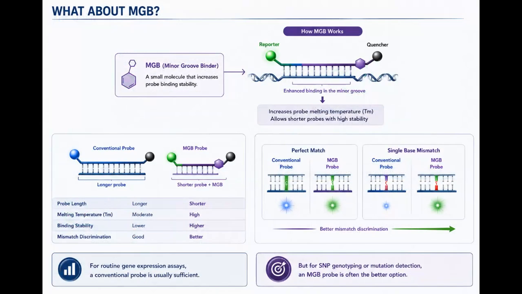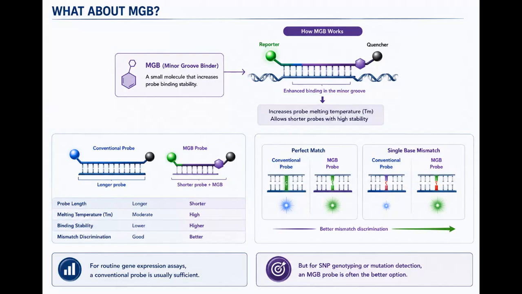What about MGB? You may also encounter probes labeled MGB, which stands for minor groove binder. This small molecule increases probe binding stability, allowing shorter probes to maintain high melting temperatures. That's especially useful when detecting SNPs, point mutations, or closely related target sequences.